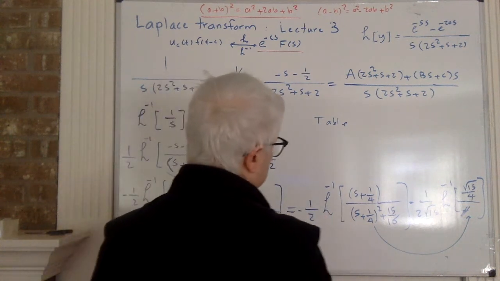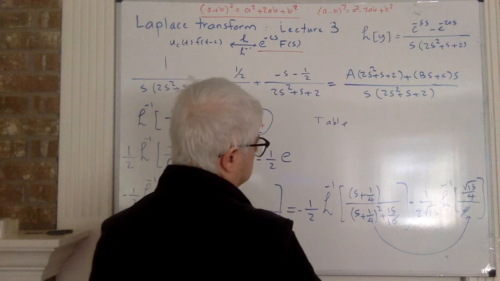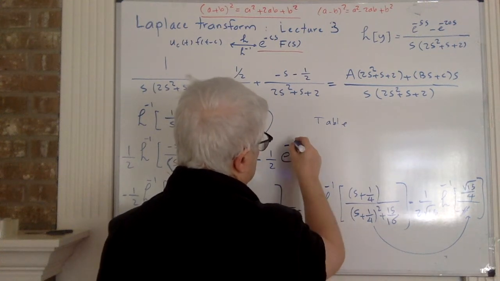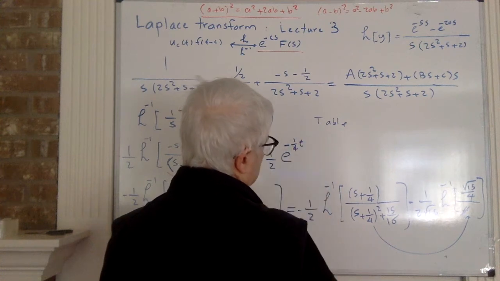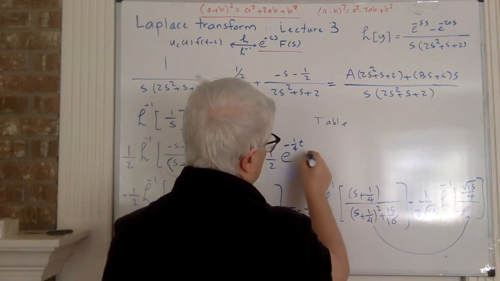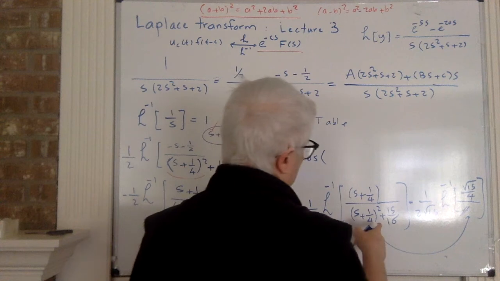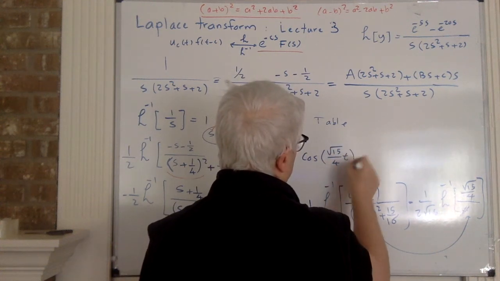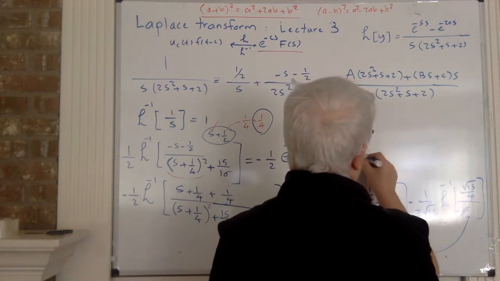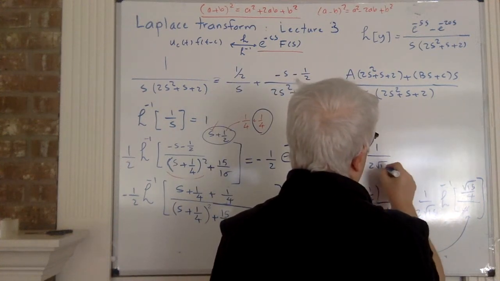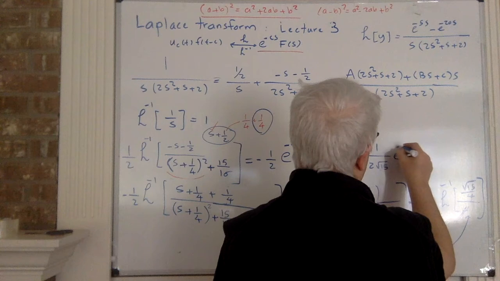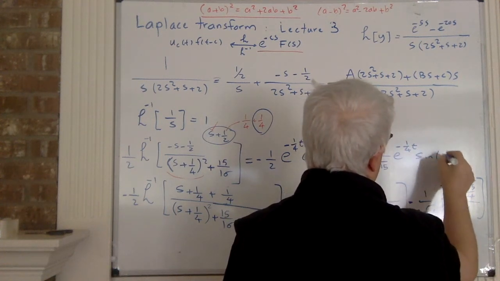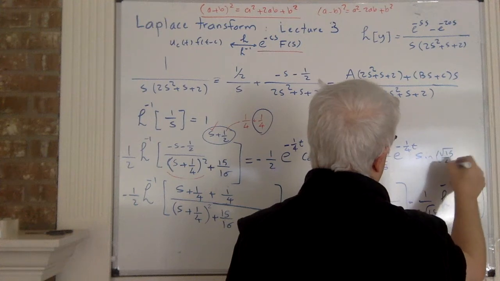L inverse of this is e to the power minus 1/4 t cosine of square root of 15 over 4 t. This one is minus 1 over 2 square root of 15 e to the power minus 1/4 t sine of square root of 15 over 4 t.